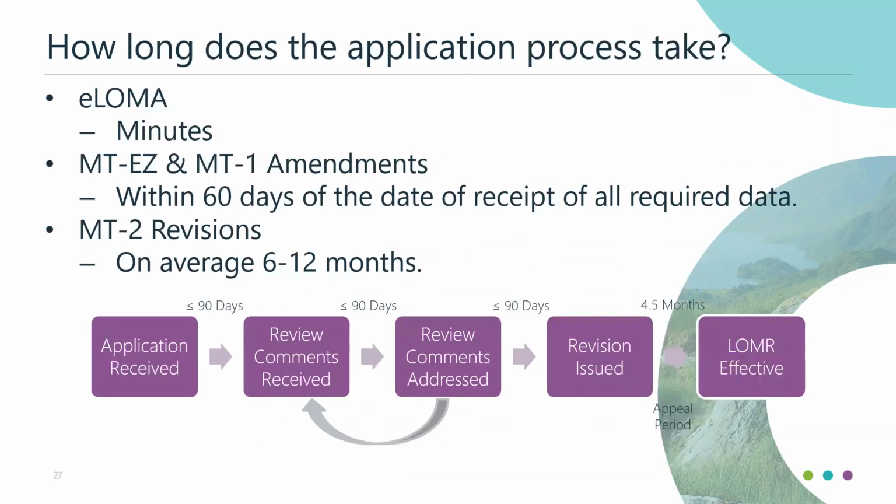From a process, a timeline, approval timeline, it can vary. The e-LOMA process basically takes minutes, as I mentioned before. If you're doing an MT-EZ, so a LOMA, or if you're doing MT-1 amendments, so LOMAs or LOMR-Fs or CLOMRs, CLOMR-Fs, those are usually reviewed within 60 days.